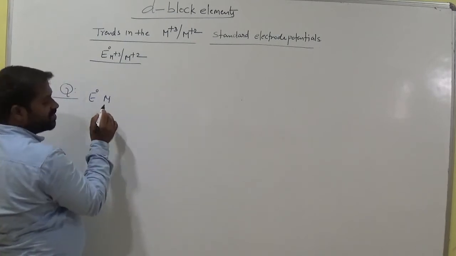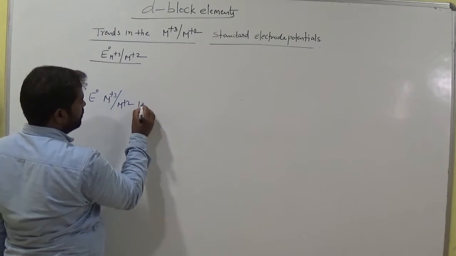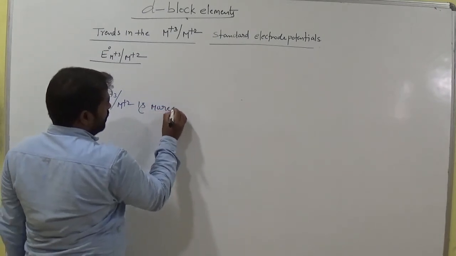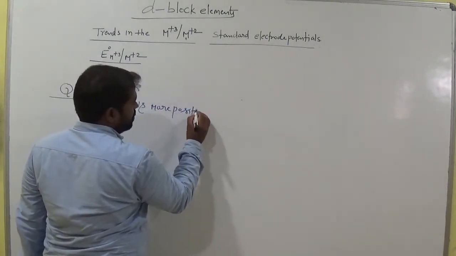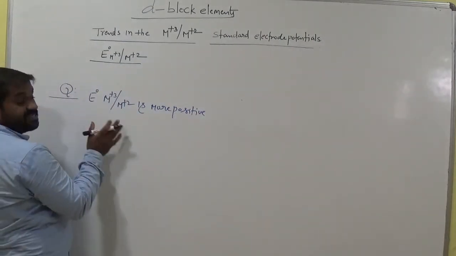The E0 standard reduction potential for Mn+3/Mn+2 is more positive. More positive means it is a less effective reducing agent, that means it is an oxidizing agent.